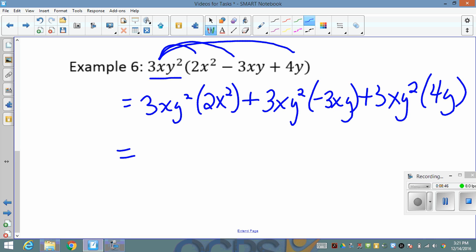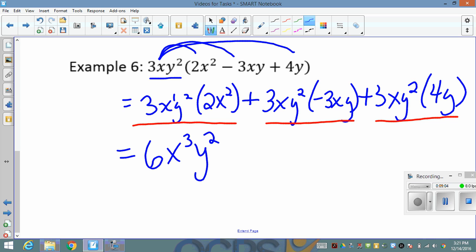Now as I multiply each individual one, notice this is a multiplication problem, this is a multiplication problem, this is a multiplication problem. So I'm going to do 3 times 2 is 6. X times x squared is x cubed. The y squared is the only y there, so it stays y squared.